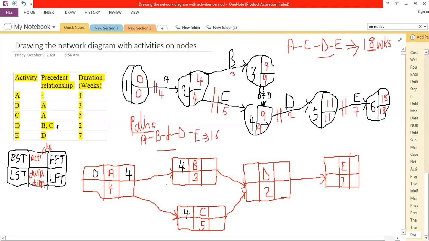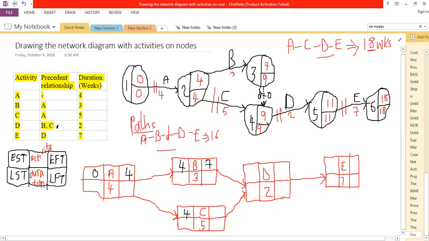We had only one arrow leading to that particular node, meaning you need not have any comparison. Then if B can earliest start at 4 weeks and it's going to take us 3 weeks, the earliest that we can finish it should be 7 weeks. How have I gotten my 7? I've taken 4 and added 3, giving me 7 weeks.